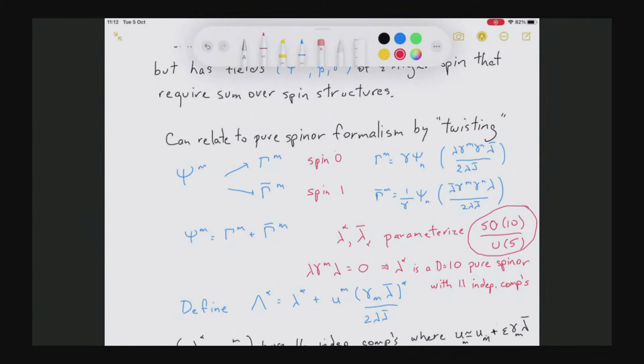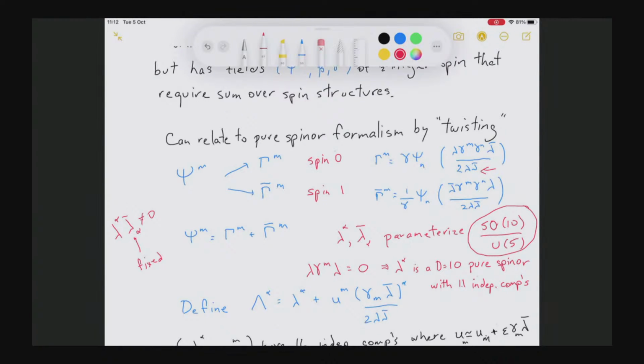Okay, so using lambda and lambda bar, I'm going to assume that if you contract lambda with lambda bar, that's non-zero. And that's essentially related to a subtlety in the pure spinor formalism. So lambda alpha, lambda bar alpha, I'm going to assume this is fixed and that it's chosen such that this contraction is non-zero.